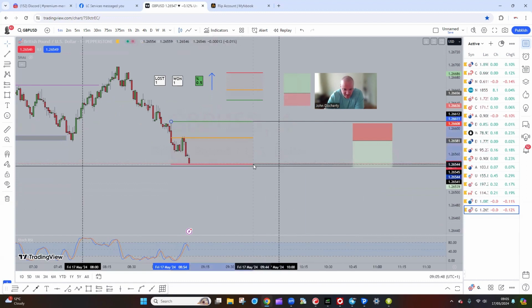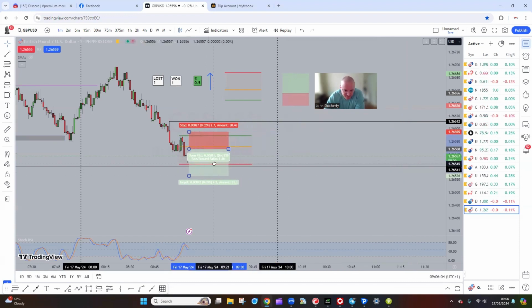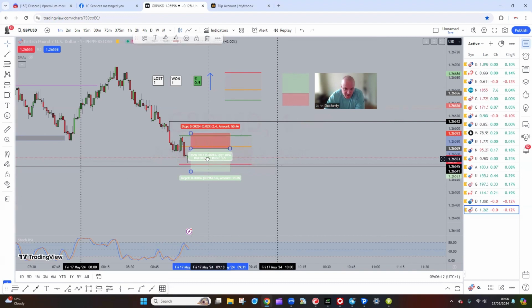Just follow price. And as we're coming down, we've got a new structure high here, to be fair. So again, that there will be the lower high. 1 to 1.5.